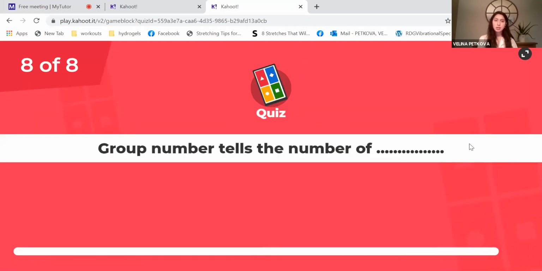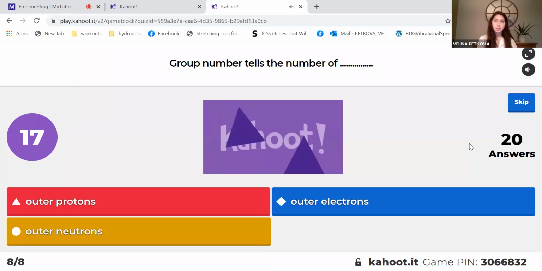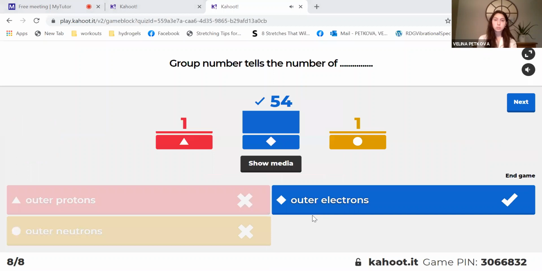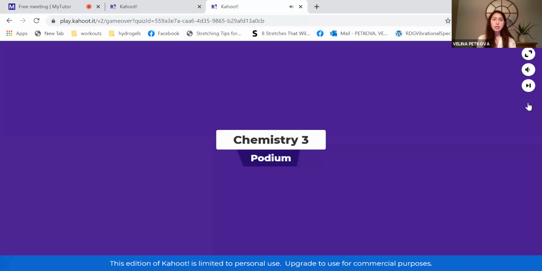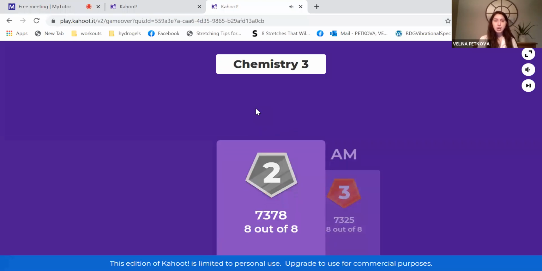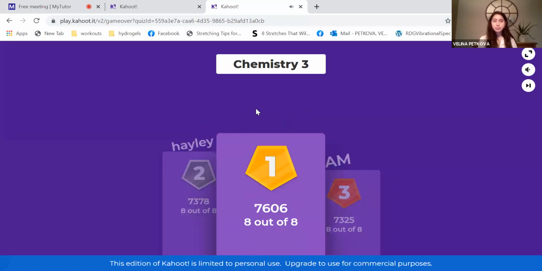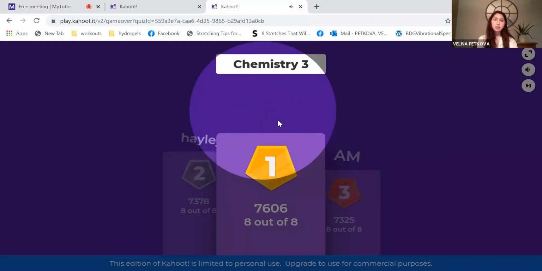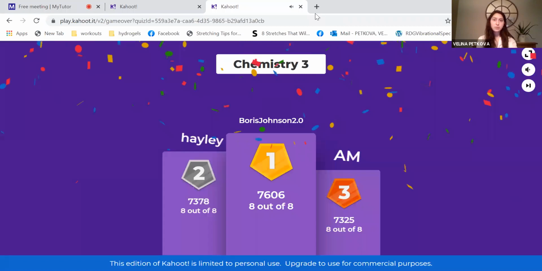Group numbers tell us the number of... Well done. Most people got that correct as well. Brilliant. Okay, so let's see who came top. Well done to AM and Haley. And first is Boris Johnson again. Well done.